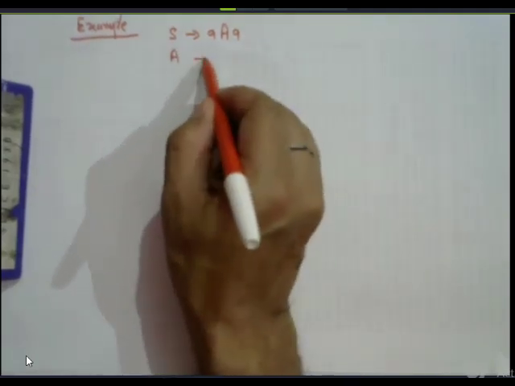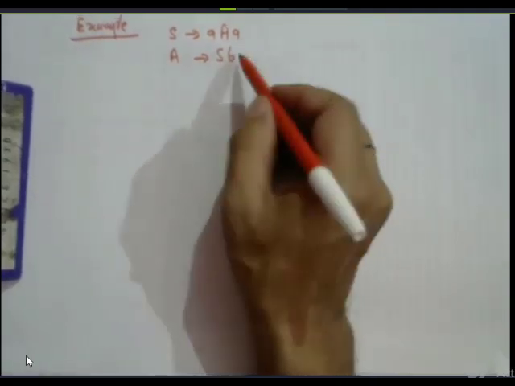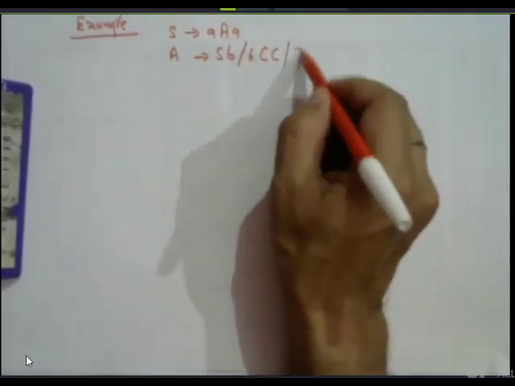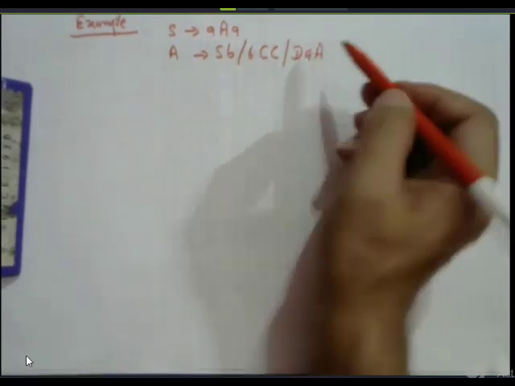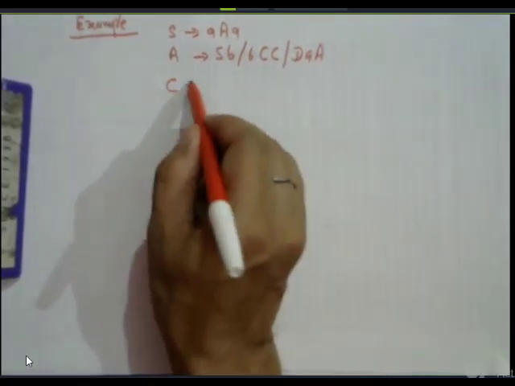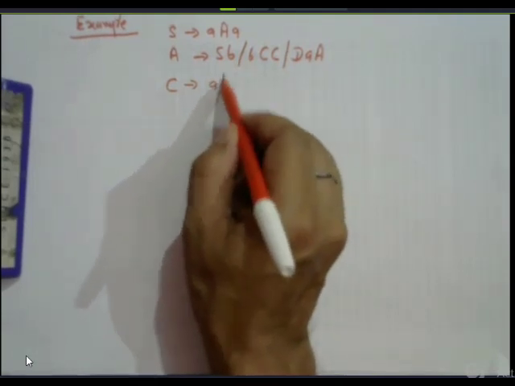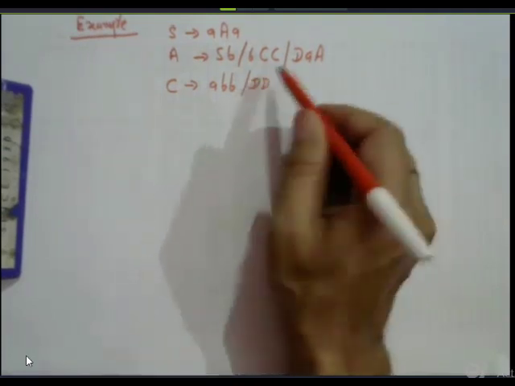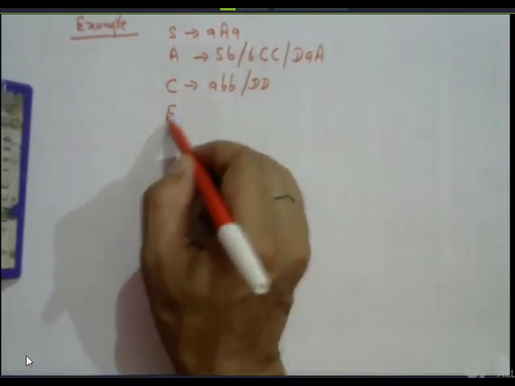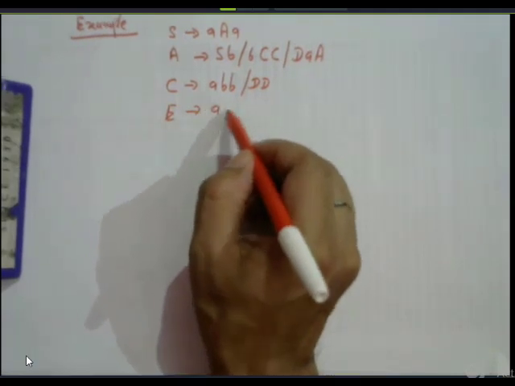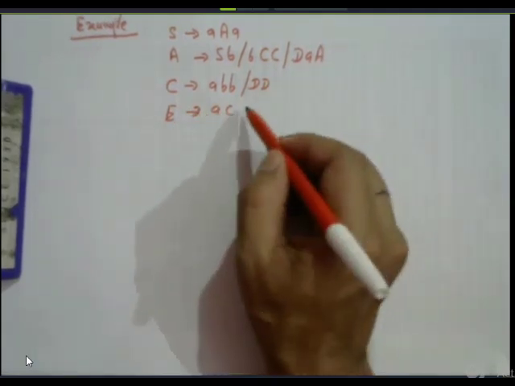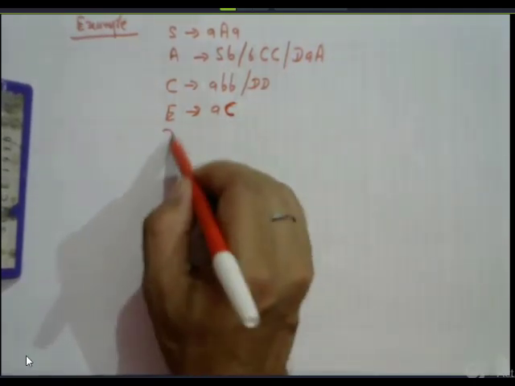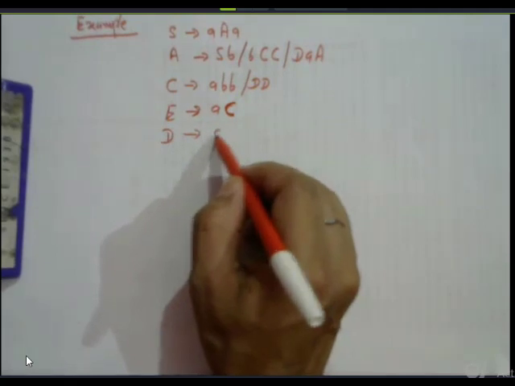A tends to SB | BCC | DA, capital A. Then C tends to ABB | capital D, and E tends to AC, and D tends to ADA.